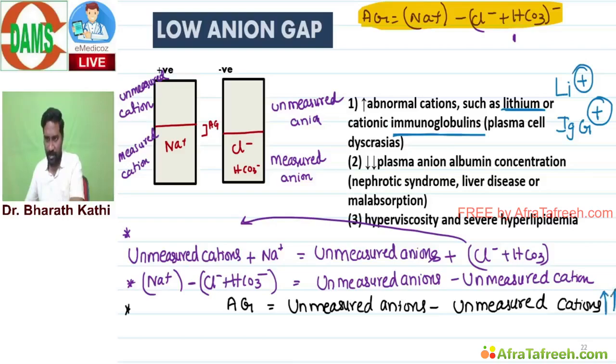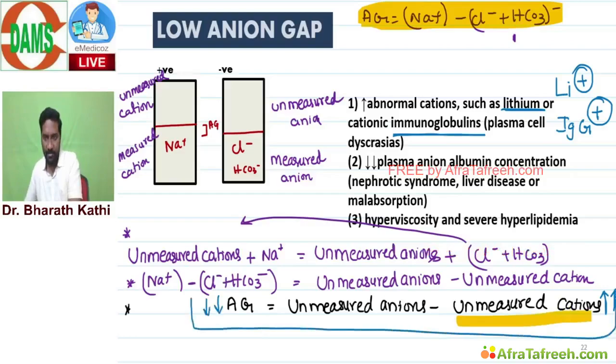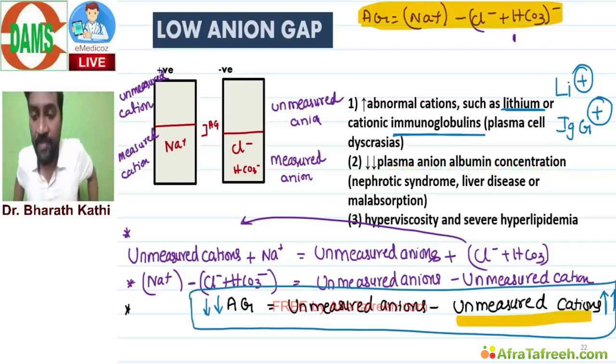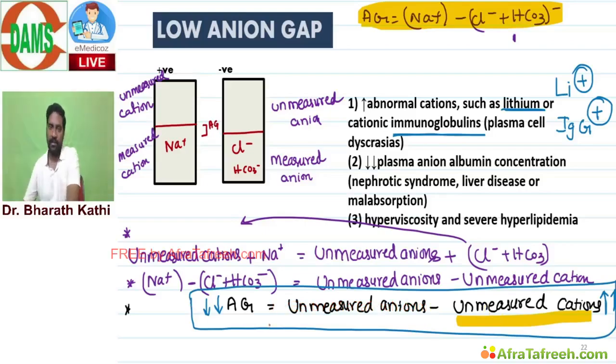So when unmeasured cations increase, automatically what happens to anion gap? It will decrease. See, this is simple mathematics, students, nothing more than that. If unmeasured cations increase, the minus is increasing. So what happens to anion gap? It decreases.